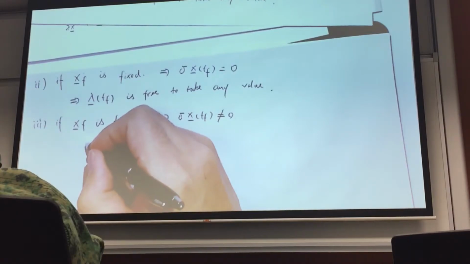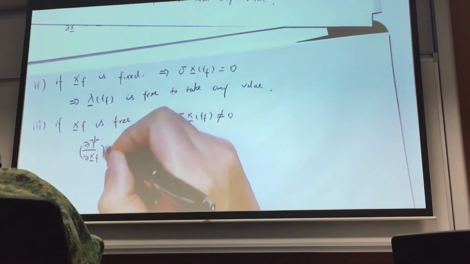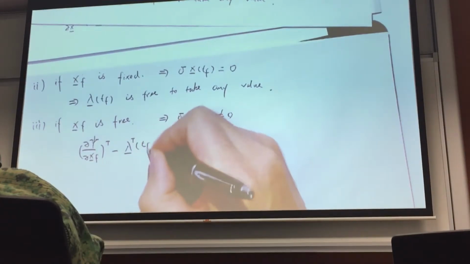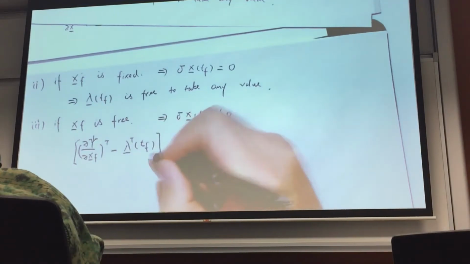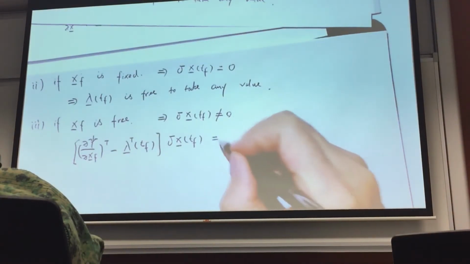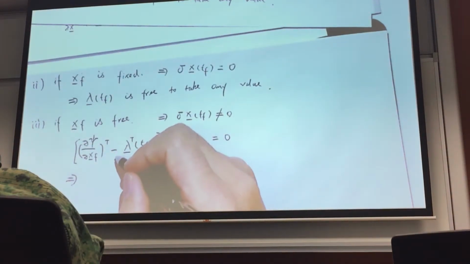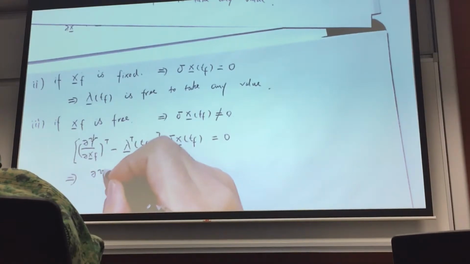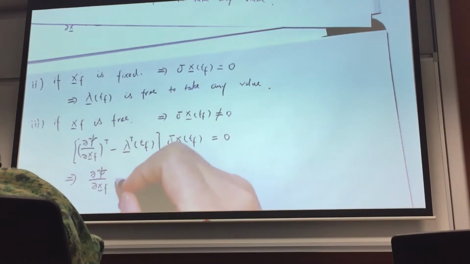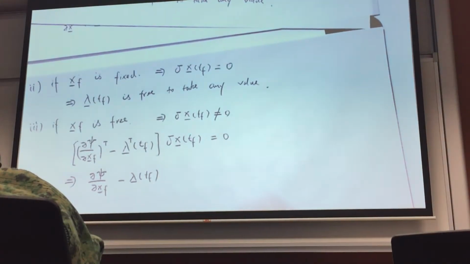So for this d psi d xf transpose minus lambda df multiplied by delta x df to be equal to 0, the necessary condition will be d psi d xf minus lambda f must be equal to 0.